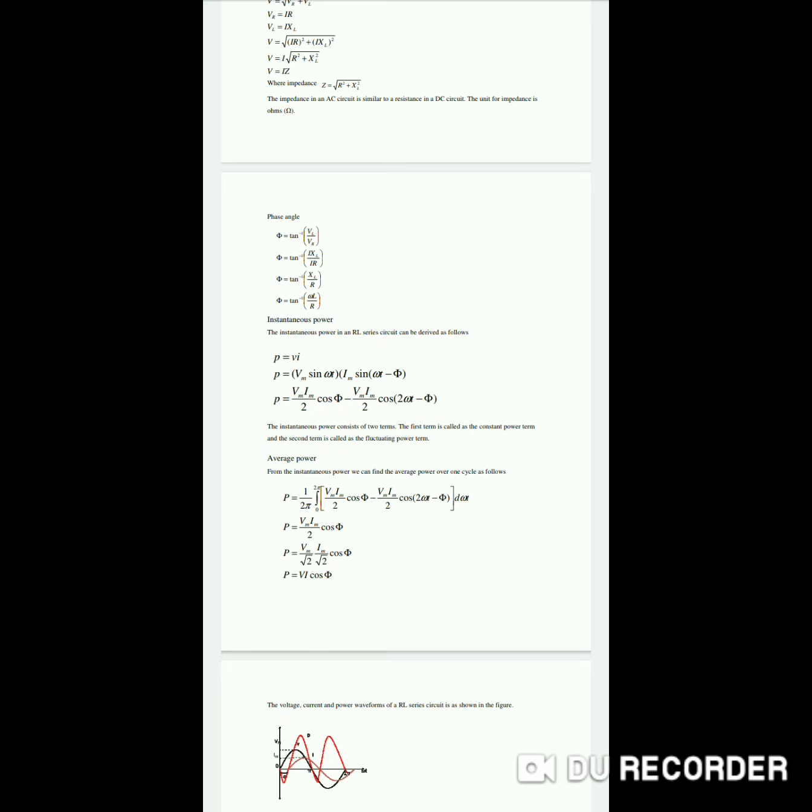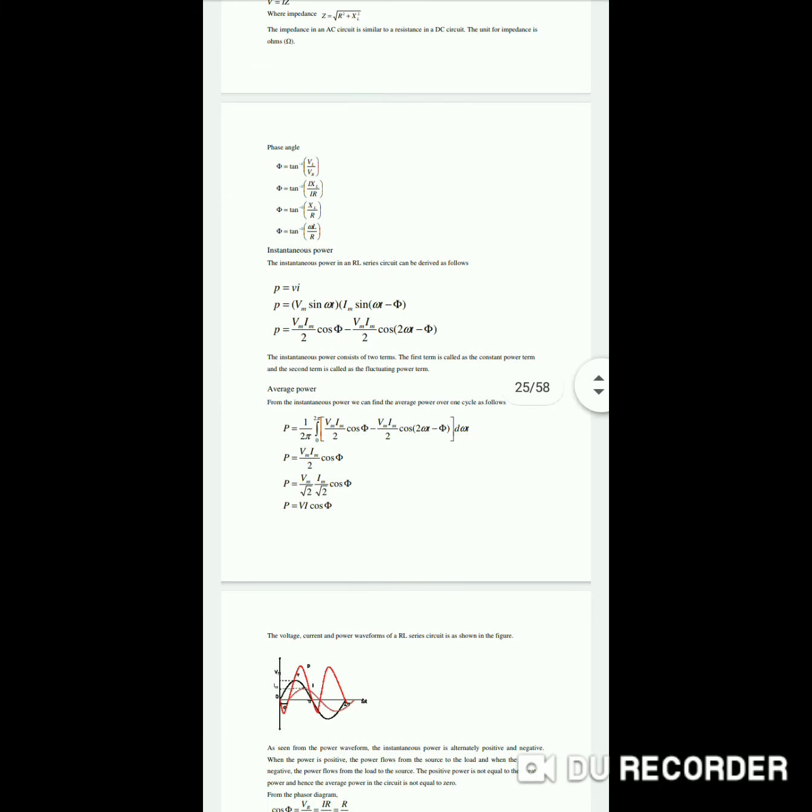Now we'll find the average power. To find the average power, we integrate the instantaneous power over one cycle. So P is equal to 1 divided by 2 pi, with limits 0 to 2 pi, of Vm Im divided by 2 into cos phi minus Vm Im divided by 2 into cos of 2 omega t minus phi, d omega t.